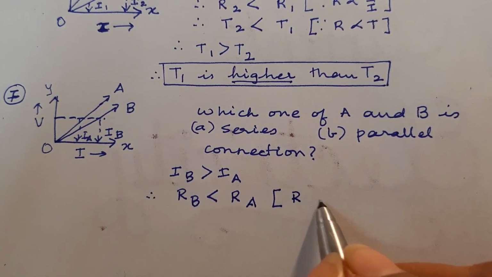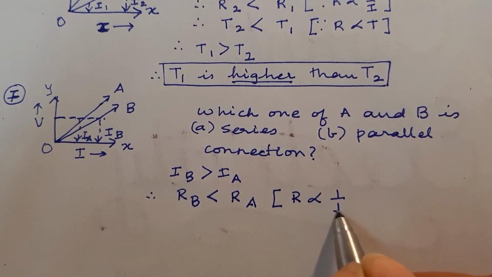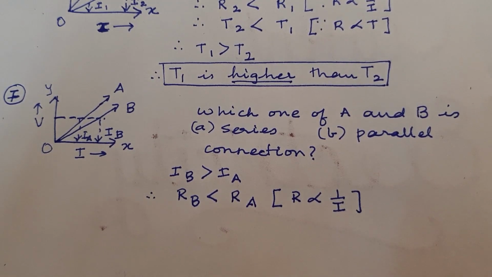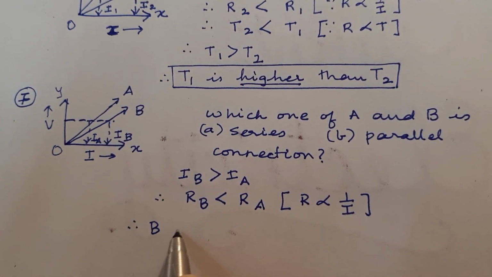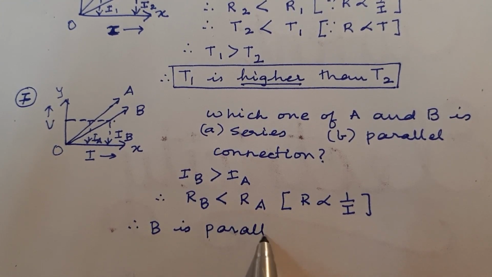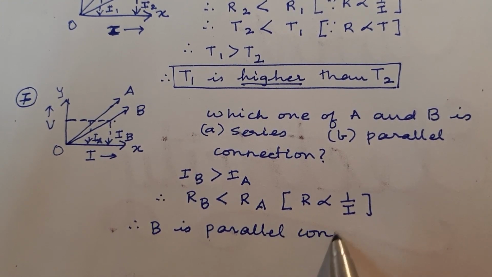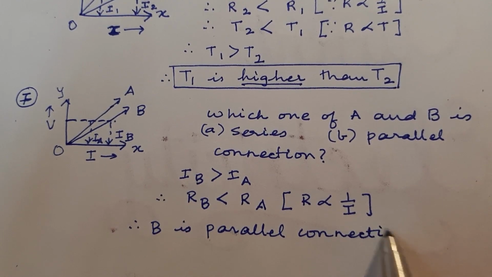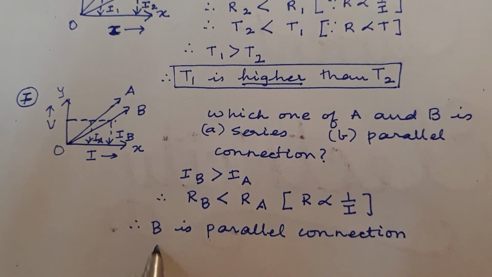And here we will say again resistance and current are inversely proportional to each other. Now understand that if resistance of B is less, then B is going to be parallel connection, and A is going to be series connection.